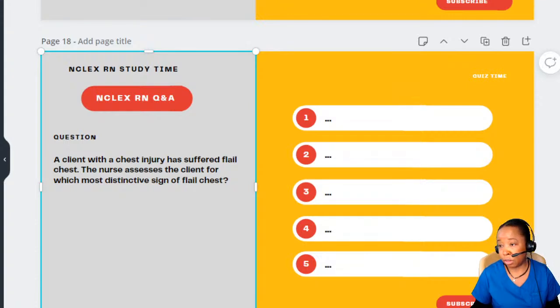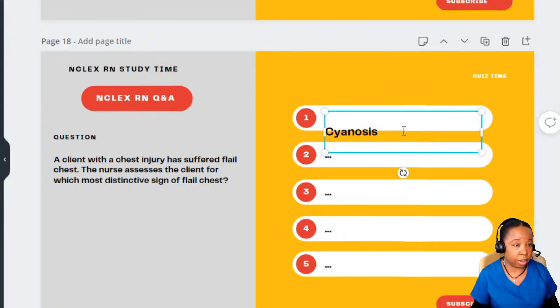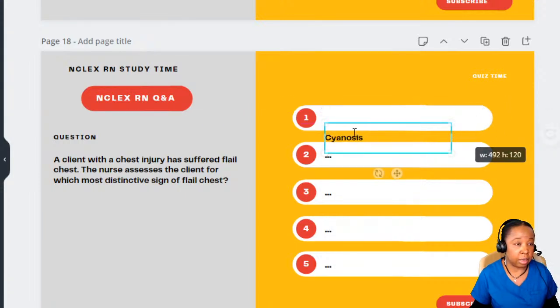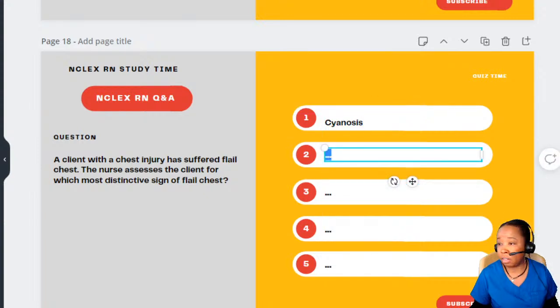So the first answer is cyanosis. Do you think a patient who has a flail chest will be cyanotic? You know, cyanosis is the blue discoloration of the patient. That's a sign of lack of oxygenation. The second answer says hypotension.